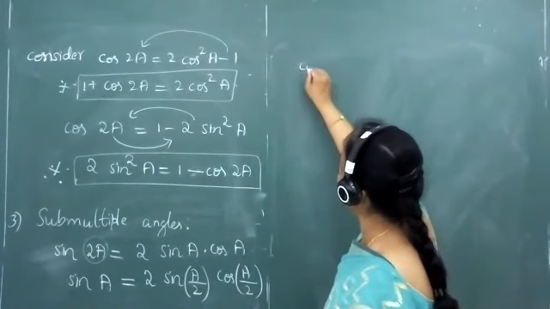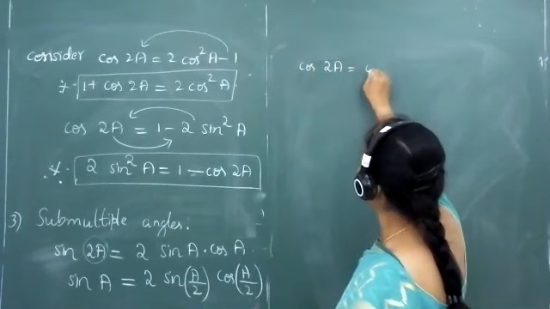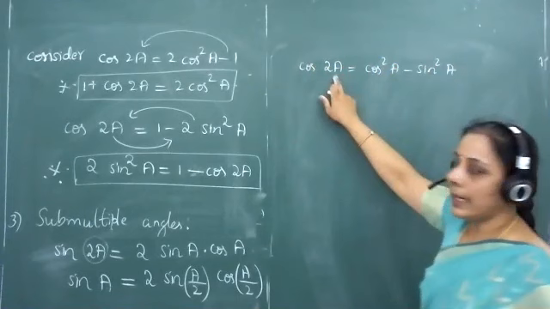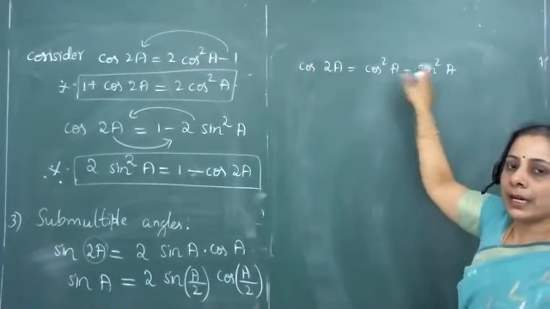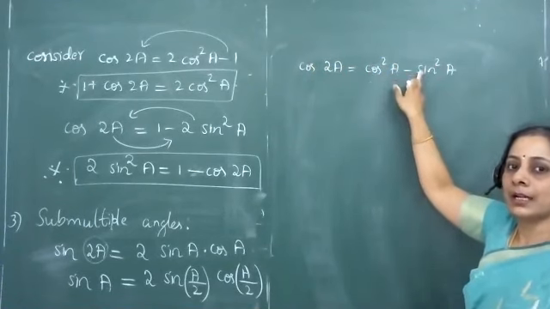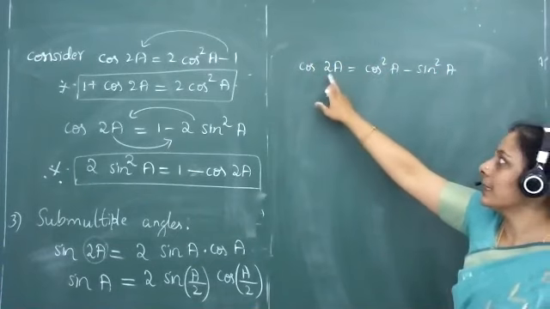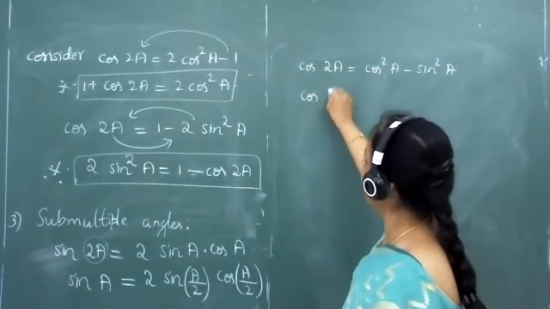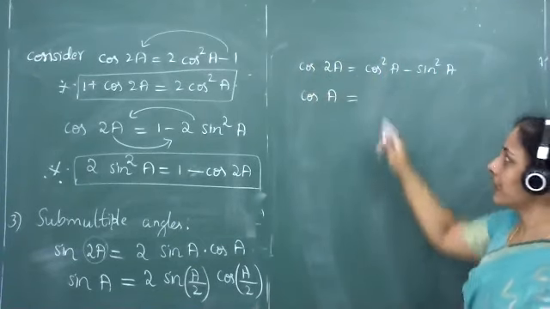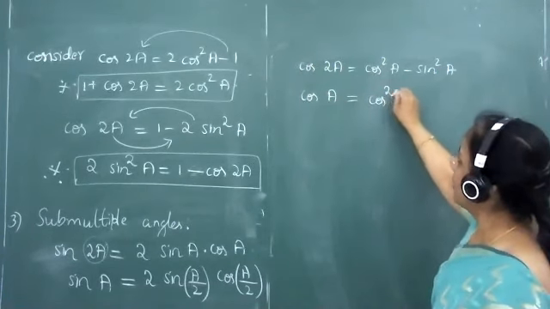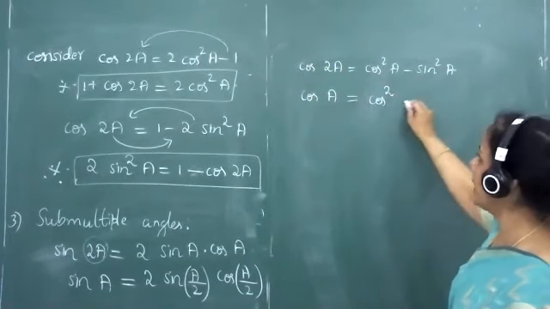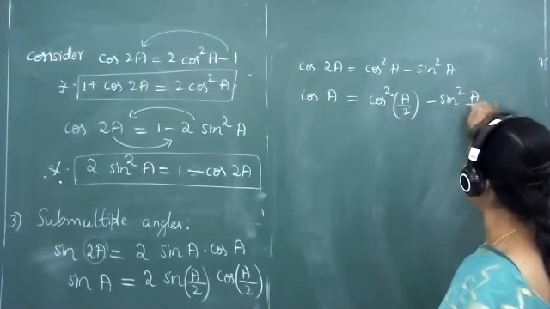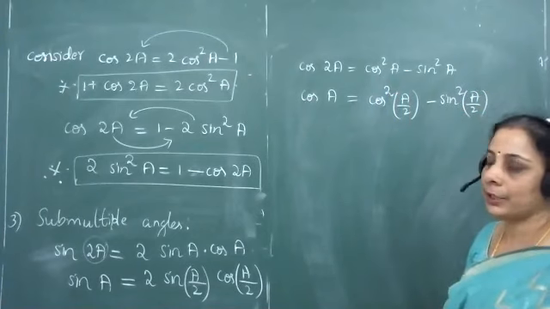Likewise, we have the cos 2a formula, cos squared a minus sin squared a. Angle here in the LHS is 2a, and when you consider the angles in the RHS expressions, they are half of angle 2a. So when I have cos a here in the LHS, the RHS will now become cos squared half the angle a, taken as a by 2, minus sin squared of the same angle, which is a by 2.